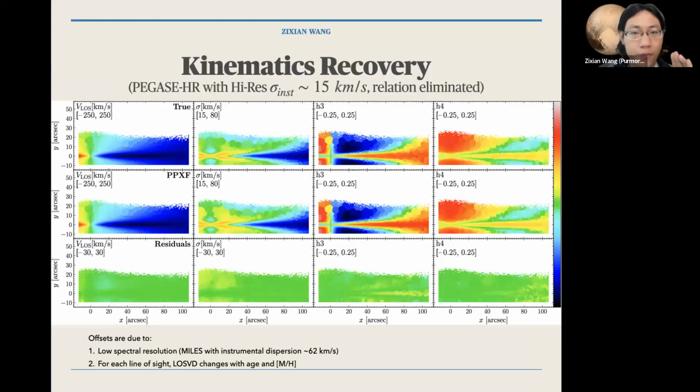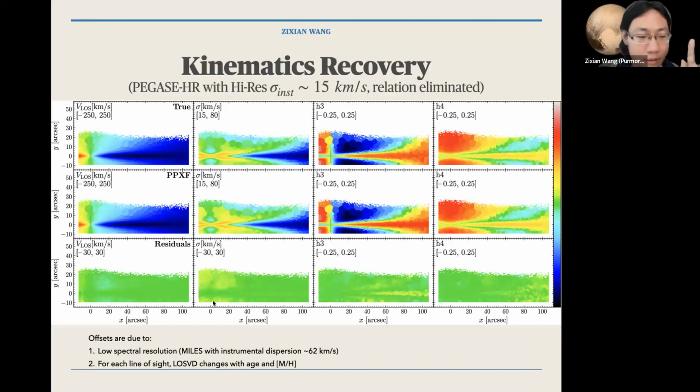If I use another template, which is PEGASE, it has a higher spectral resolution, so the instrumental dispersion is only 15. Then that is lower than this range, and the issue will be fine.